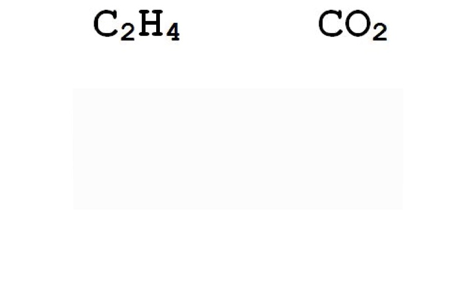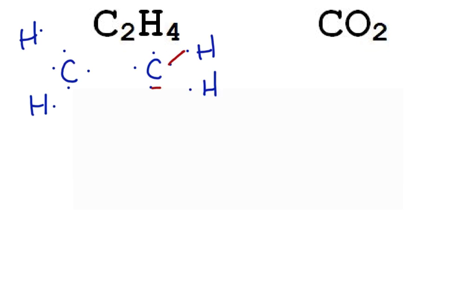Now let's try a couple of different ones. C2H4. So here we have our carbon, same exact system. But we have another carbon, and we have some hydrogens. Now one thing that we do know is hydrogens always end up on the outside, because since they can only make one bond, they have to end up on the outside.